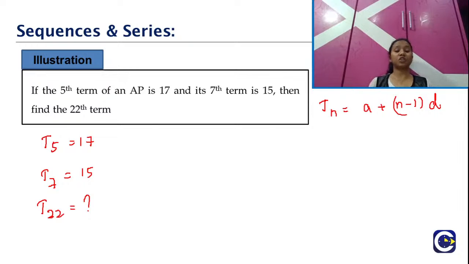That means in terms of a and d. So you'll have two equations in terms of a and d, and you have to find two unknowns. And the n value is already given. So two equations, two unknowns. It's easy to simplify.